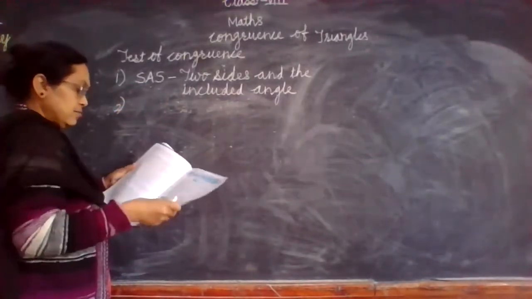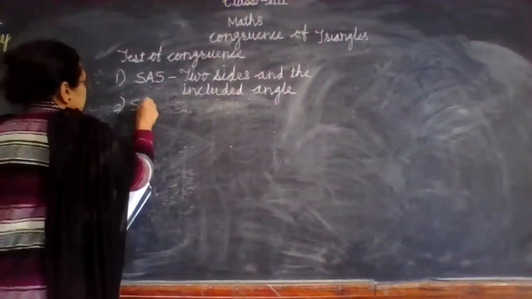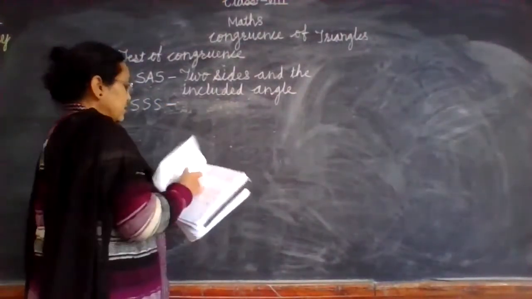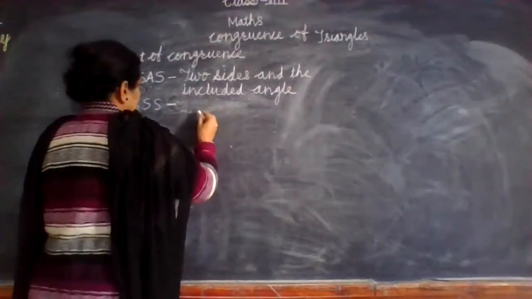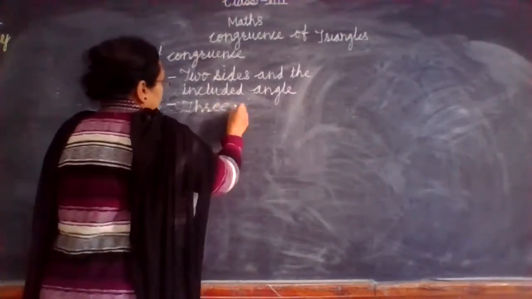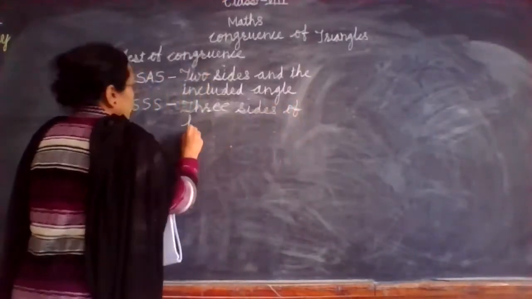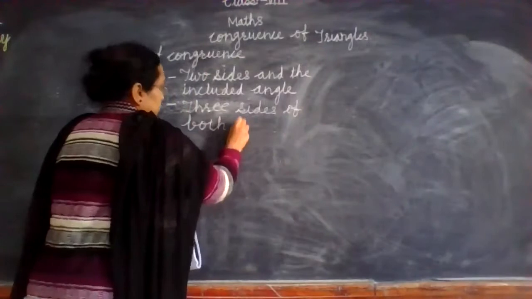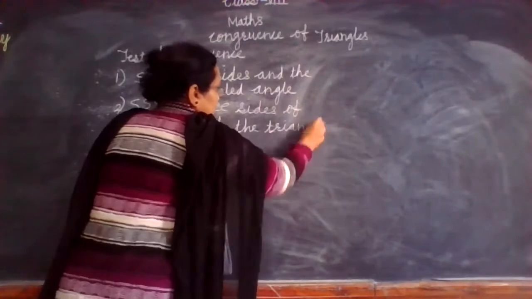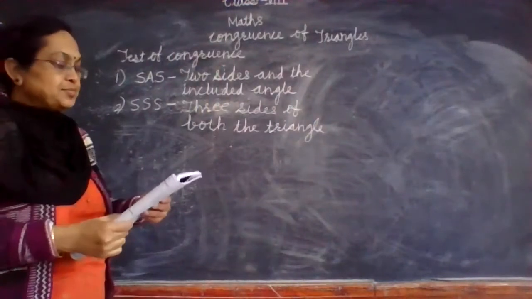Now second is SSS: three sides of both the triangles, with the corresponding sides of one triangle equal to the corresponding sides of another.